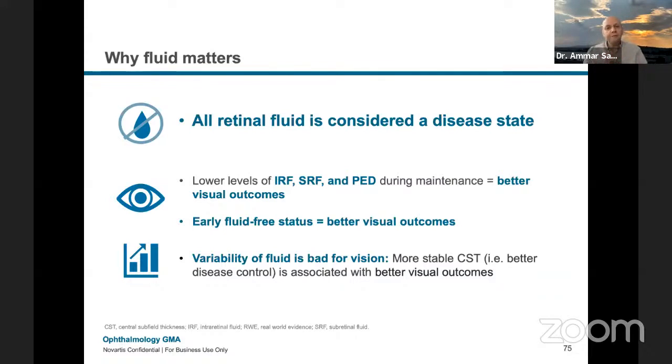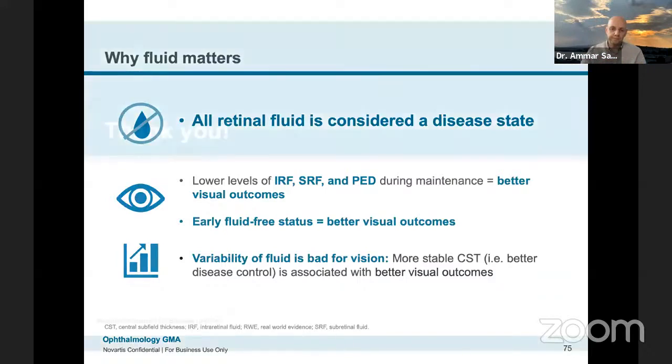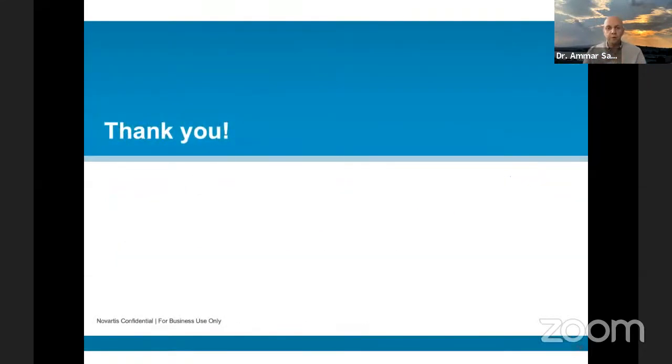So if you're really after better vision, we better dry them out quickly, do not tolerate any fluid, and do not tolerate any variability as much as possible. So in our choices of what to treat or how to treat our patients with neovascular AMD, I believe we need to pick the medication that we feel will achieve these things in a more potent way as much as possible. And I'd like to thank you for your attention.